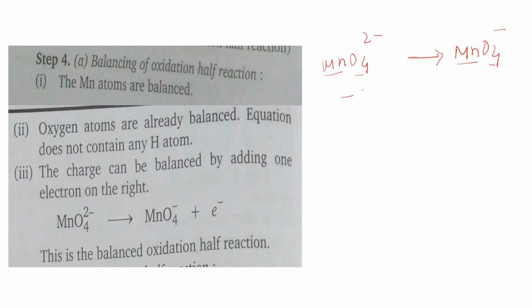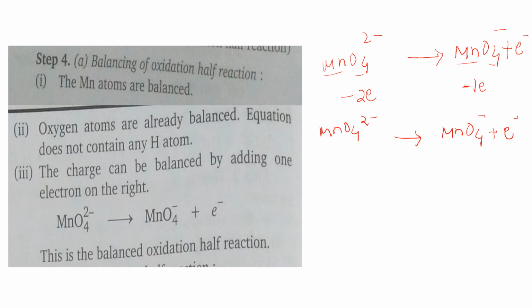This is minus 2 and this is minus 1. Okay. So what I have to do? I have to add 1 electron in the right hand side. So my balanced oxidation half reaction is MnO4 2 minus giving you MnO4 minus plus e.